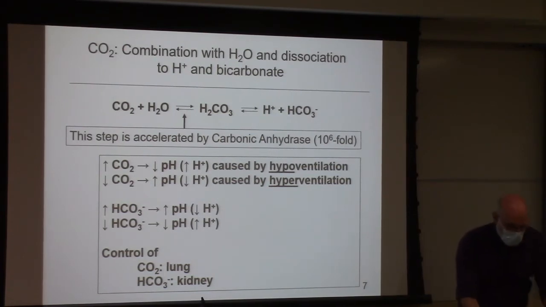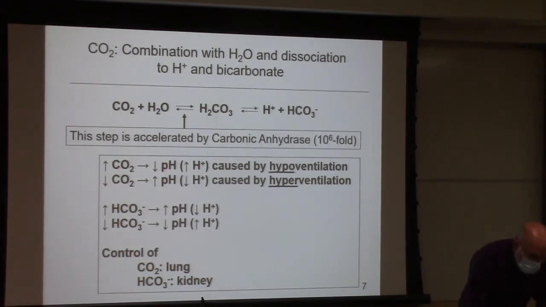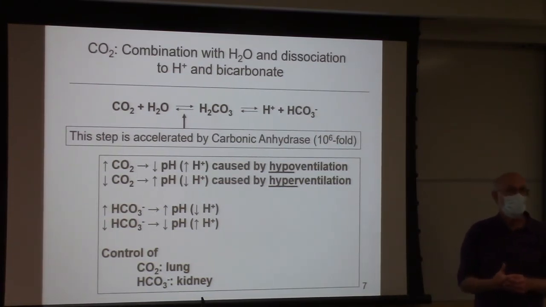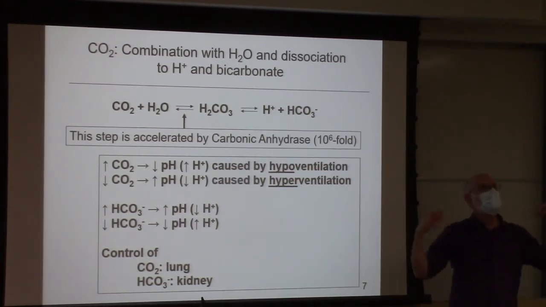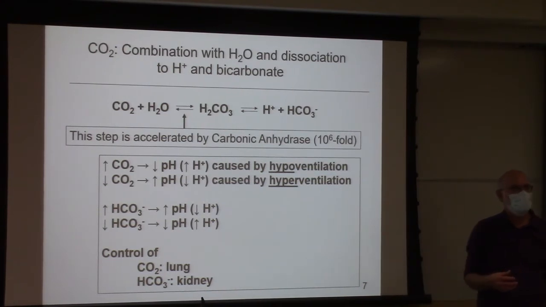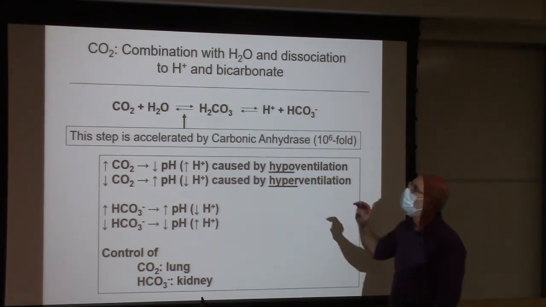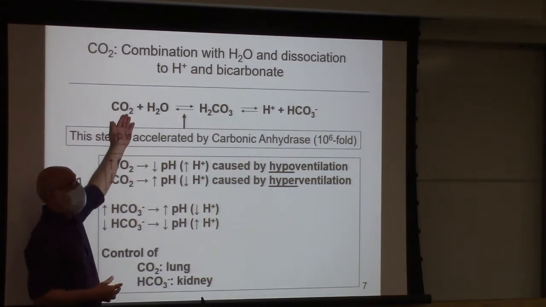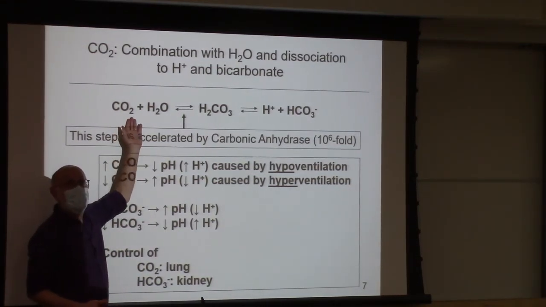So let's talk some more about carbon dioxide and acid-base chemistry. I'm not a chemist, but I gather chemistry vibes just from being in this room. Carbon dioxide is an acid.